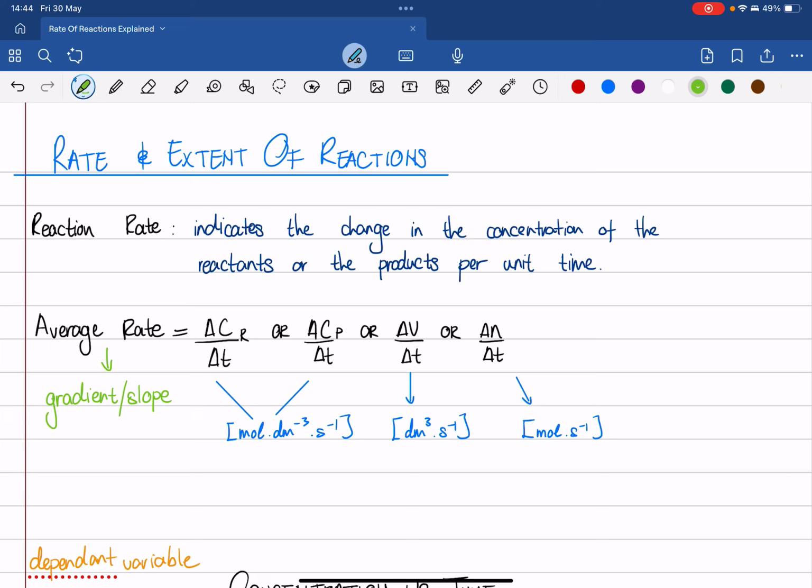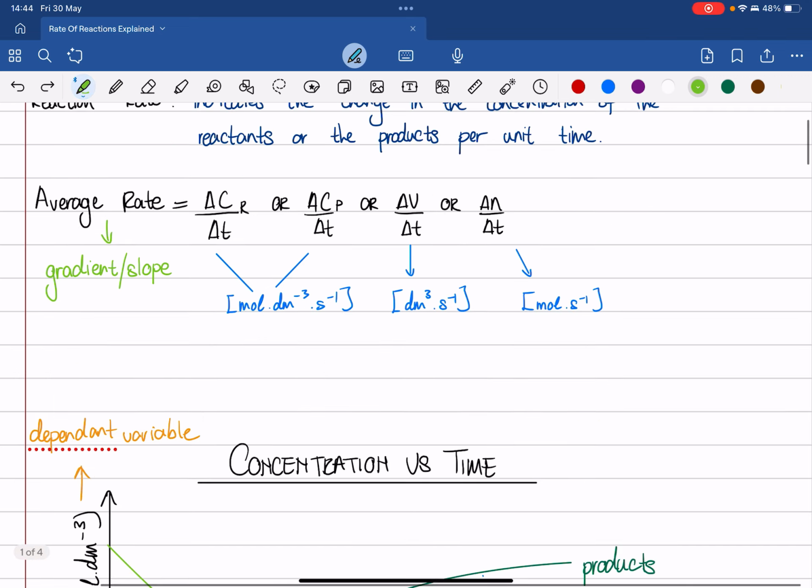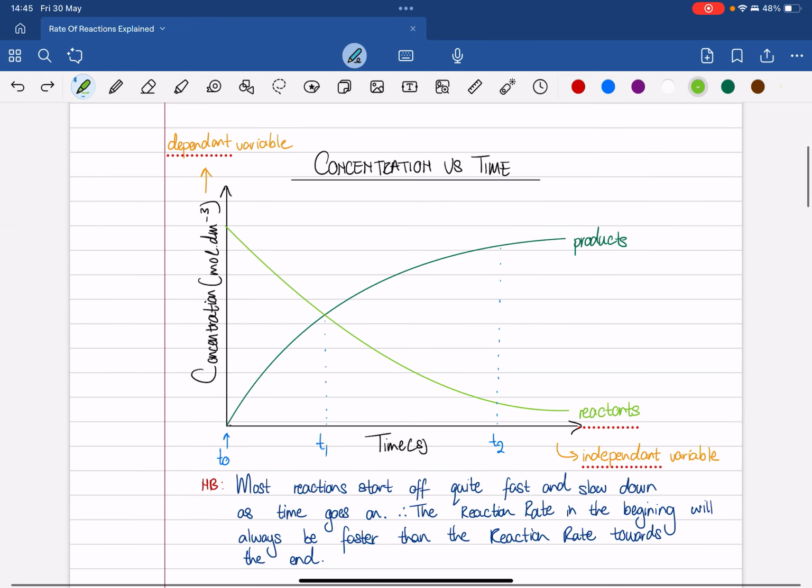When you look at the slope of a given graph, maybe it's a concentration versus time graph, maybe a volume versus time graph, maybe a number of moles versus time graph, the gradient of that graph is the average rate. Wonderful.